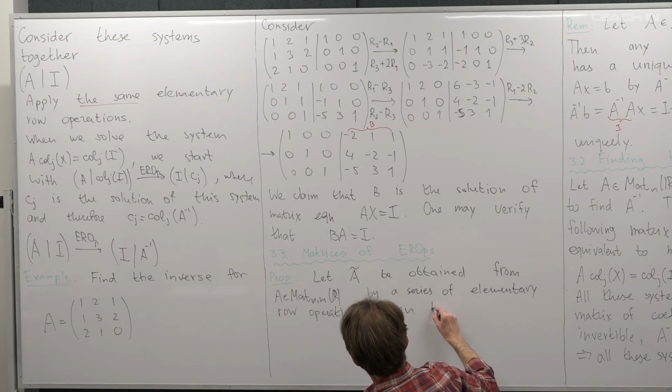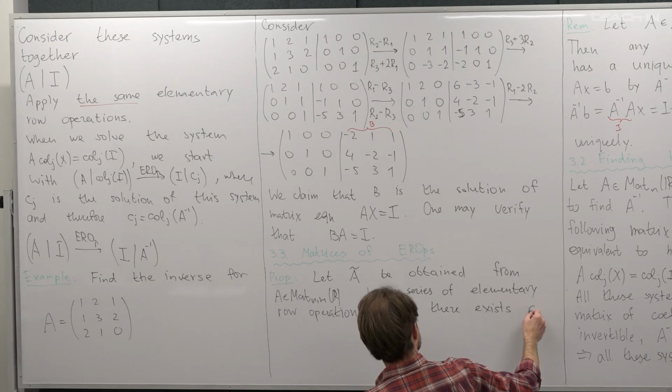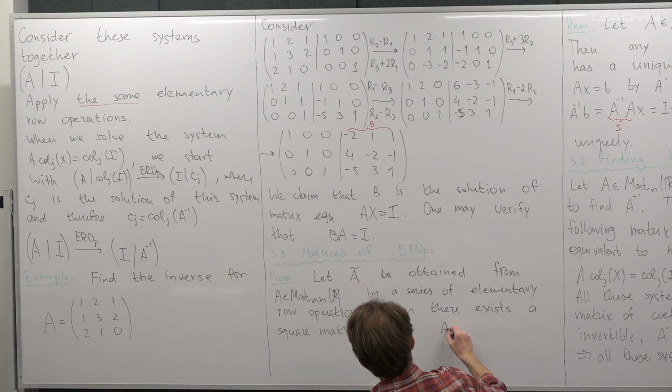Then there exists a square matrix U such that A tilde equals U multiplied by A.